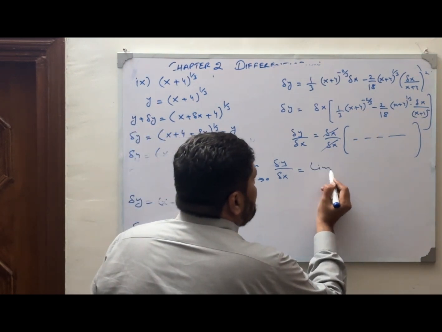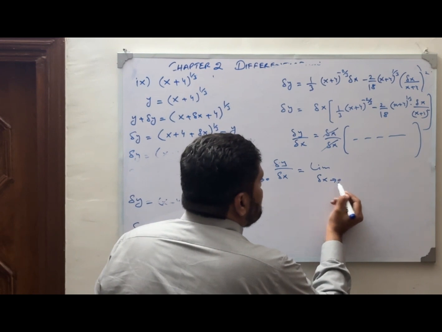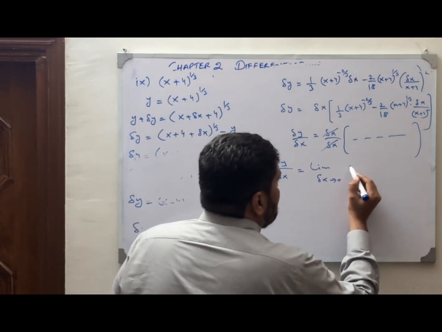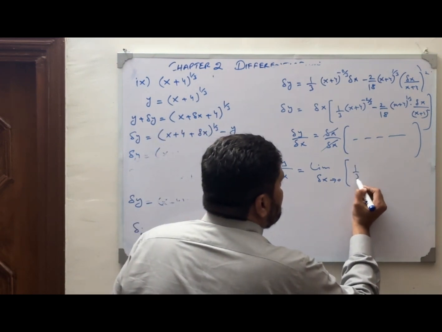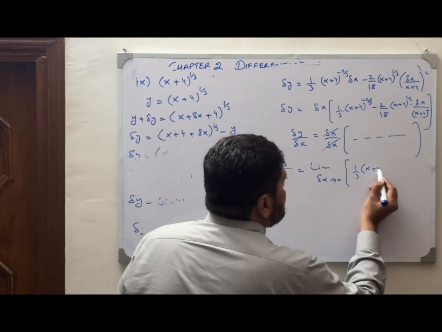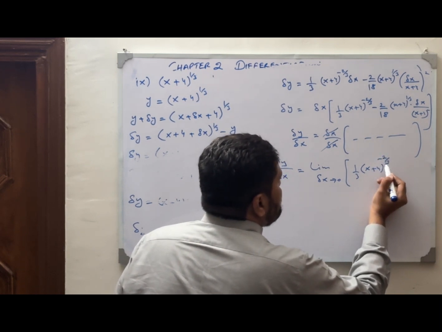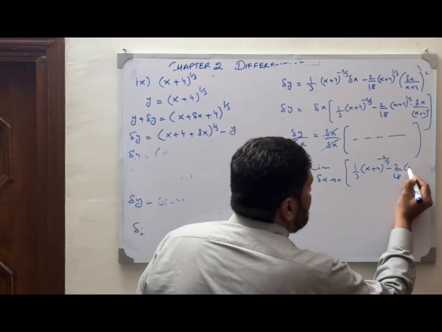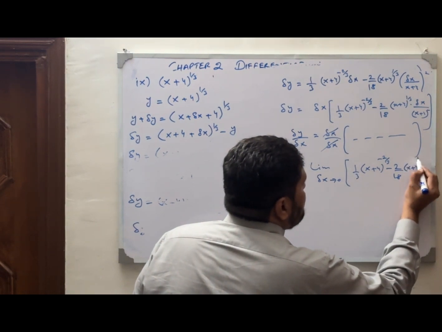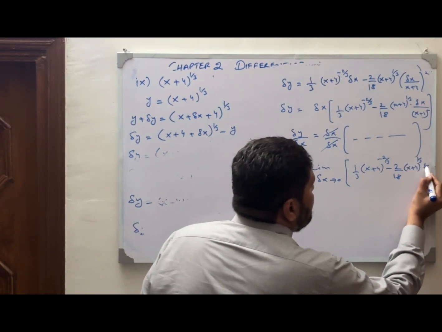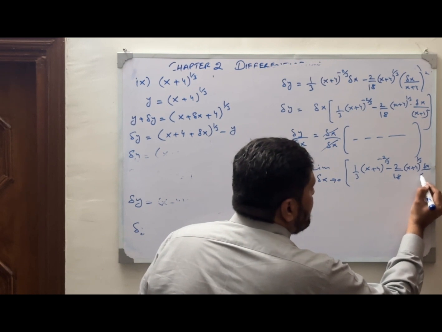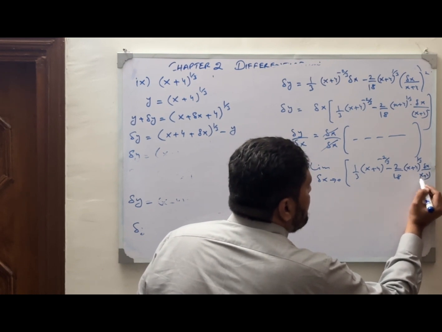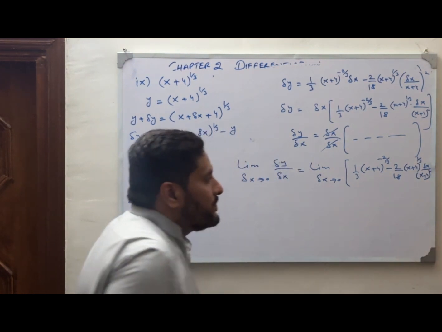So limit delta x approaches 0 into 1 by 3 into (x plus 4) power minus 2 by 3 minus 2 by 18 into (x plus 4) power 1 by 3 delta x by (x plus 4) whole square.